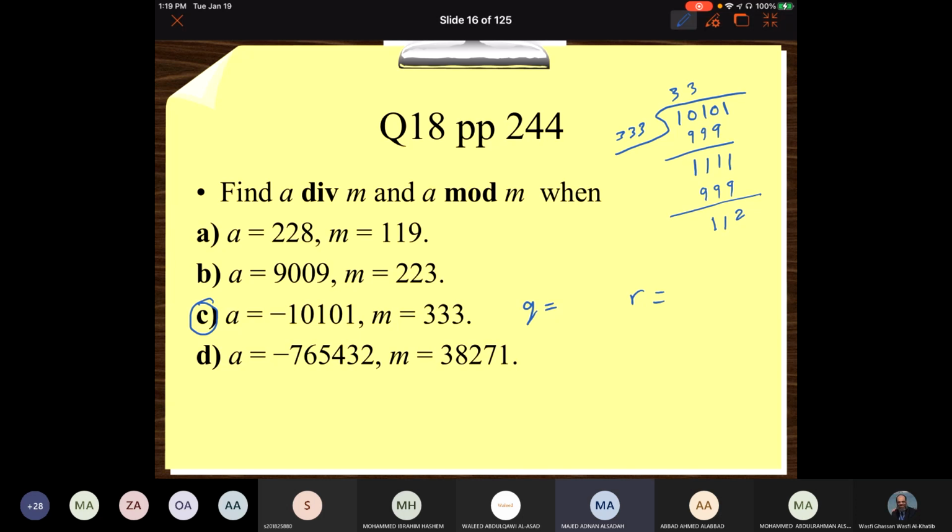Which one? The deduction, 10,101 minus 999. 10,000 minus 999 is not correct. How much is it equal to? Because it's not minus 9,000, so it equals 1,000. It's minus 900. So it's got to be 9,000 something.